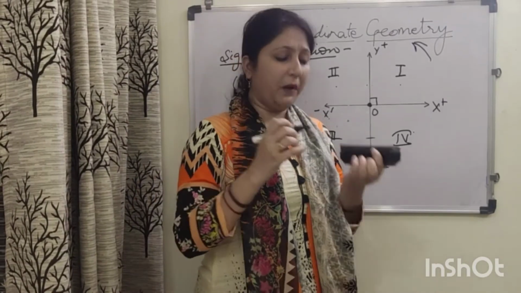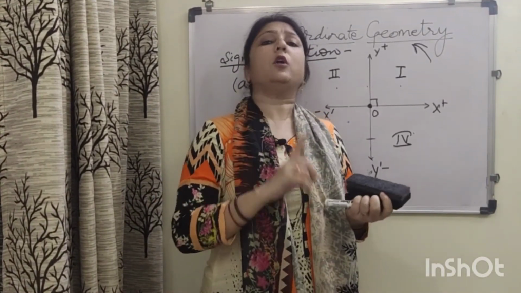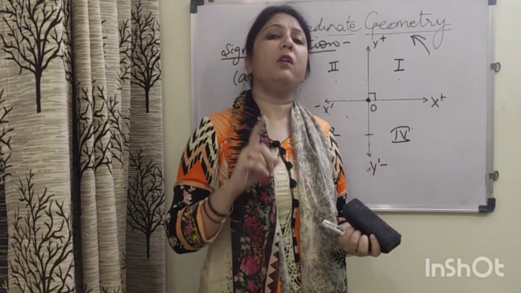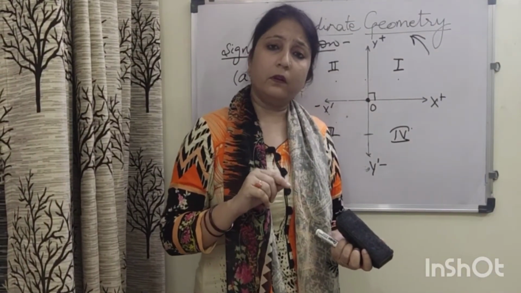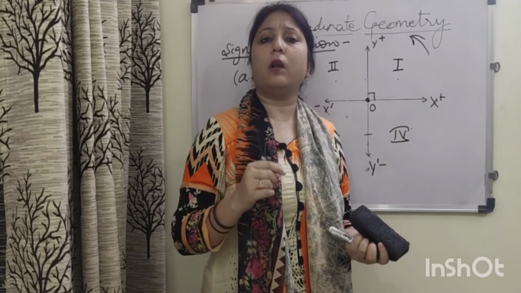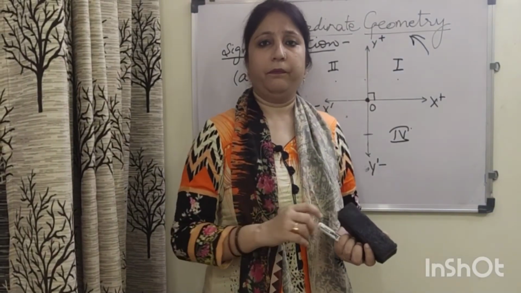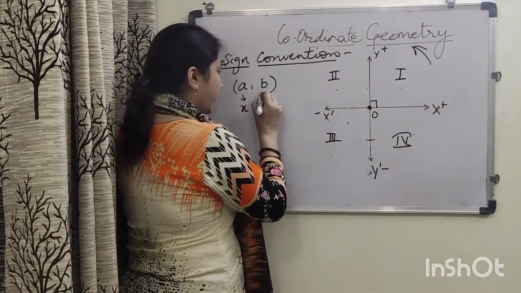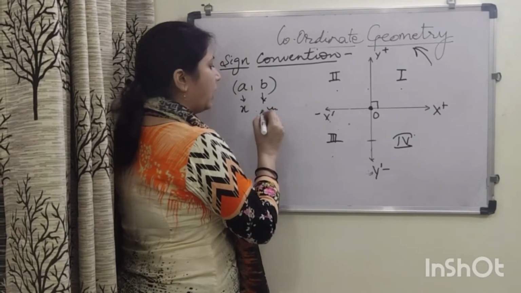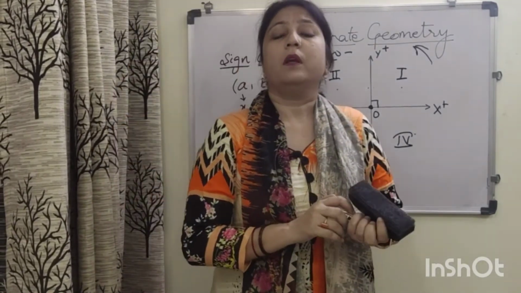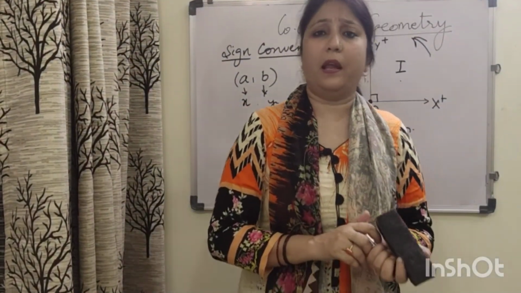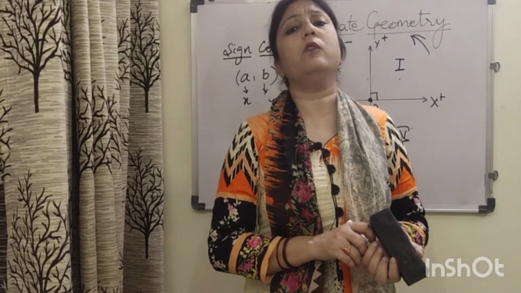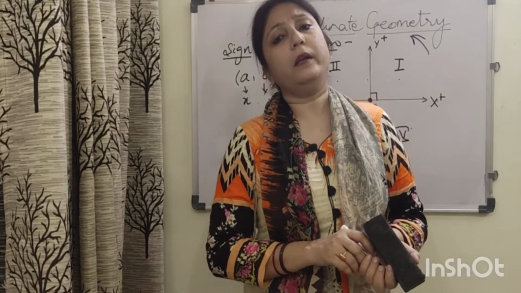Now I have to make you clear, in that ordered pair, the first value is always of x, which we also call abscissa. The first value is of x, and the second one is of y, which we call ordinate.